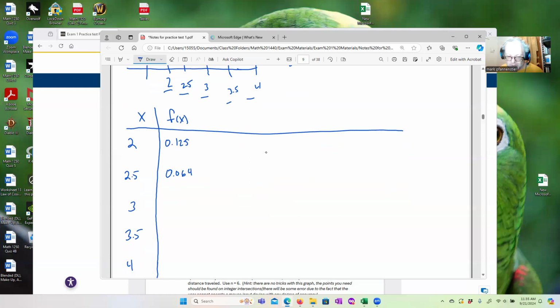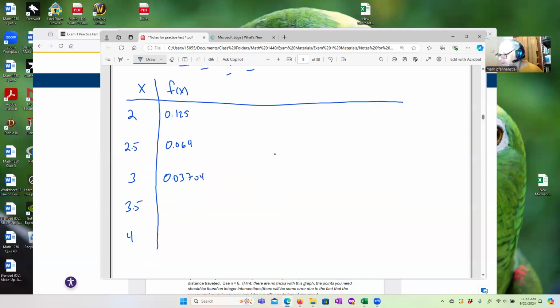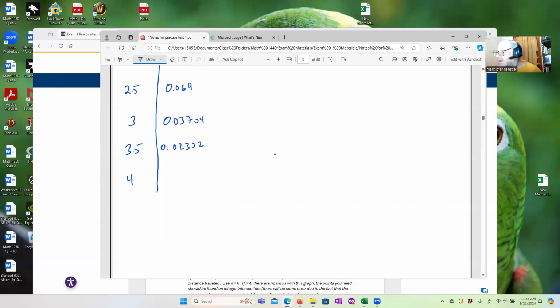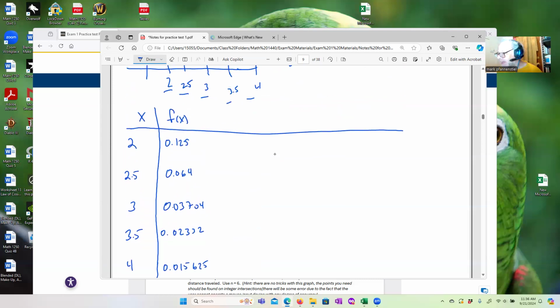The next one was 0.0370. The next one was 0.02332. And the last one is 1 over 4 cubed, 0.015625. That's a little bit more than I really needed, but we have that.